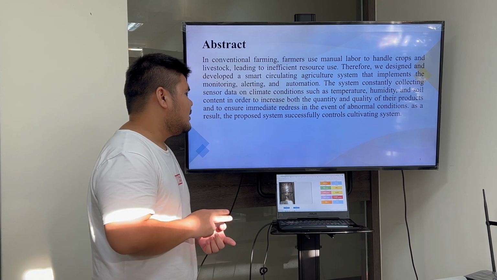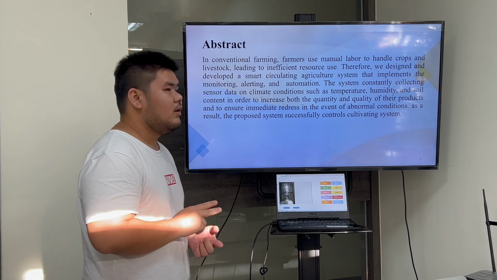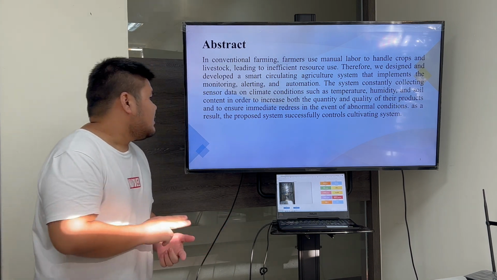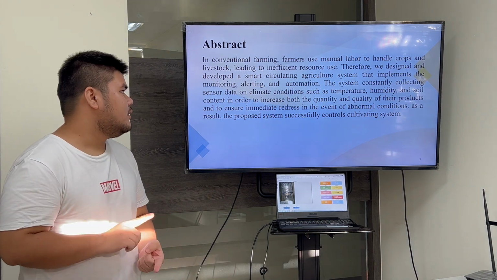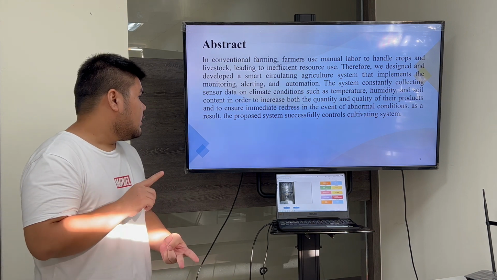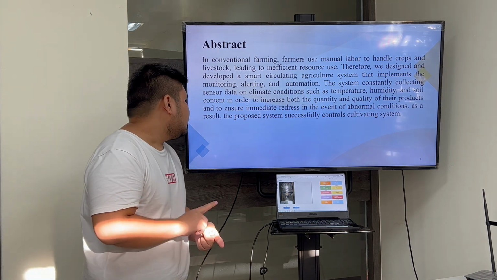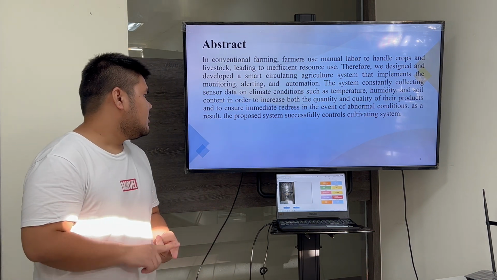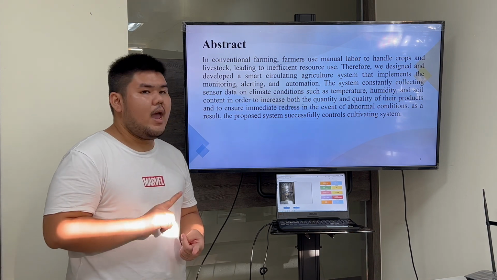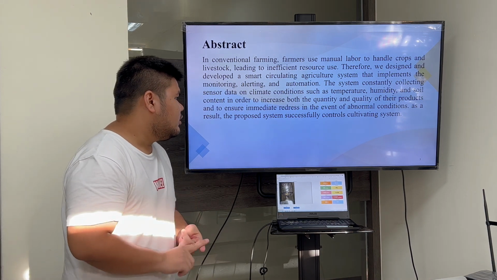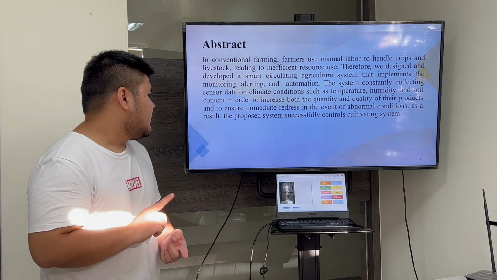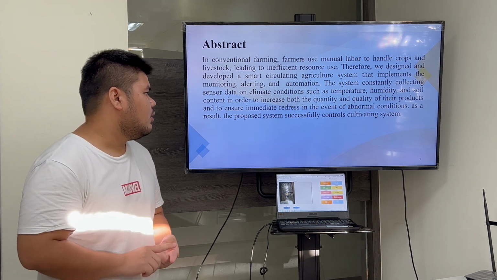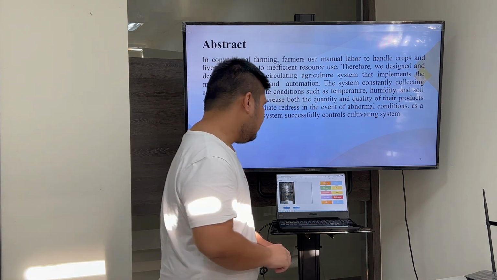The system constantly collects sensor data on climate conditions, such as temperature, humidity, and soil content, in order to increase both the quantity and quality of their product, and to ensure immediate redress in the event of abnormal conditions. As a result, the proposed system successfully controls the cultivating system.